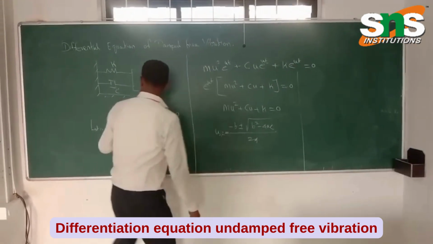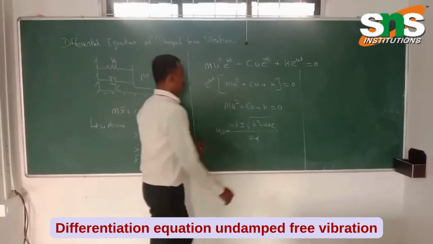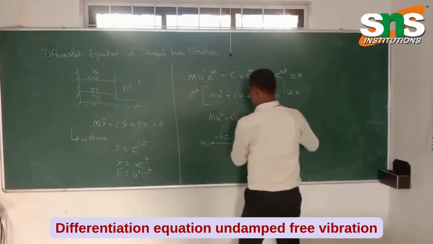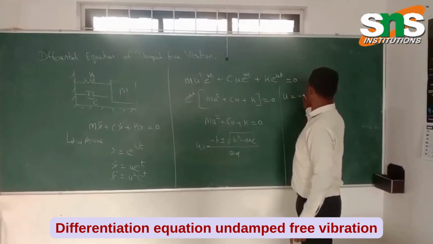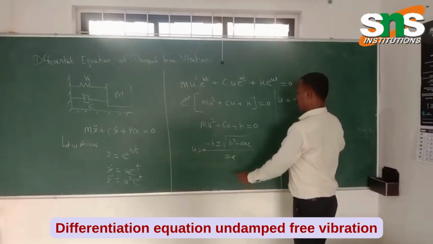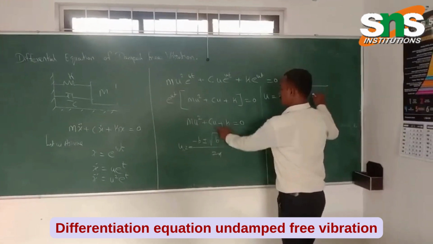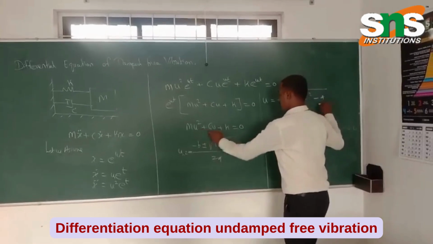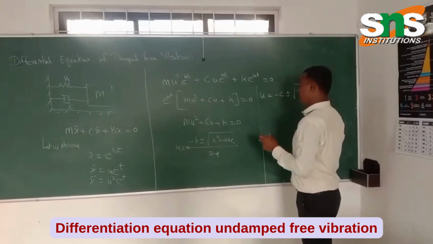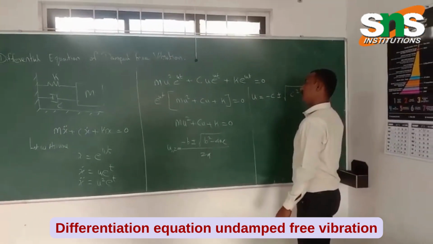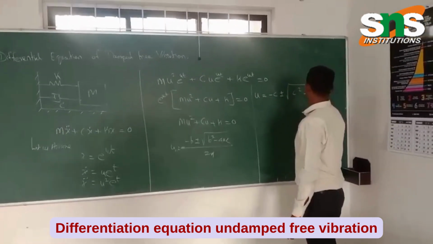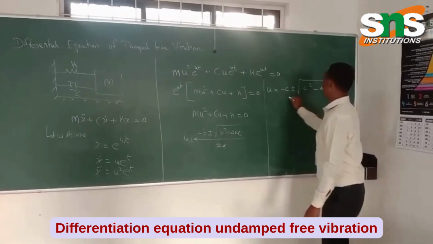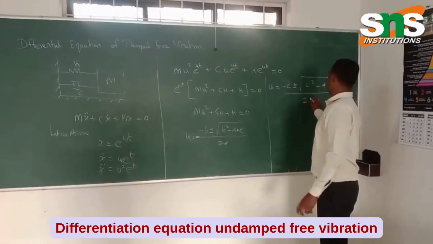Then we substitute in this equation. So u will be minus b, that is minus c, plus or minus root of b square minus 4ac, that is 4 m k, by 2m.